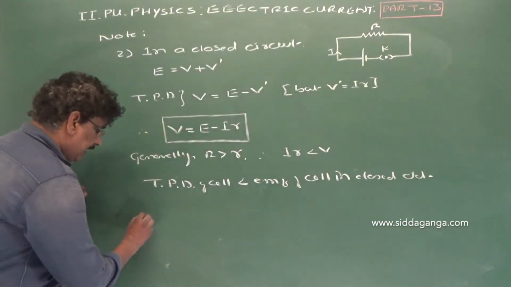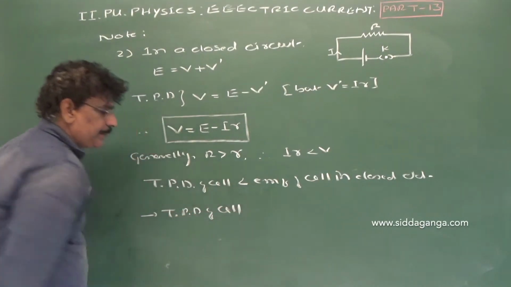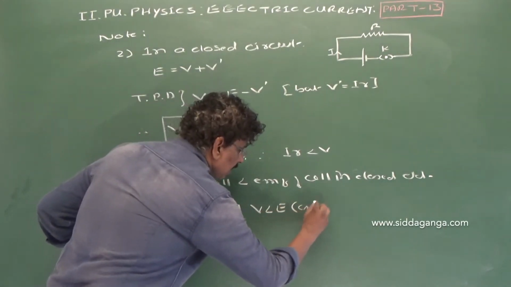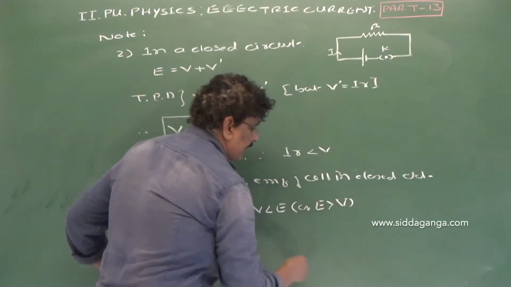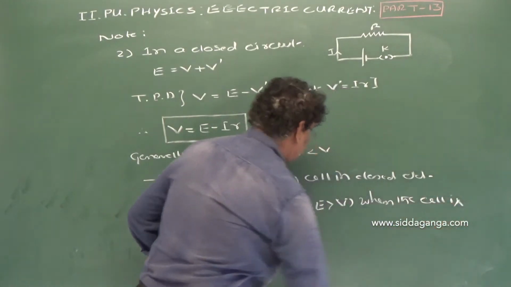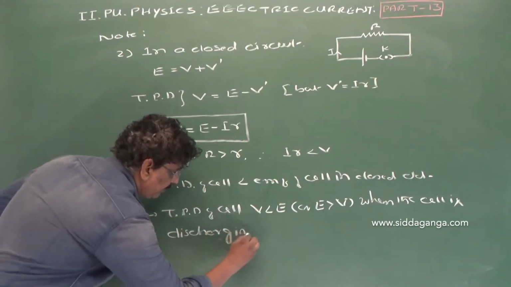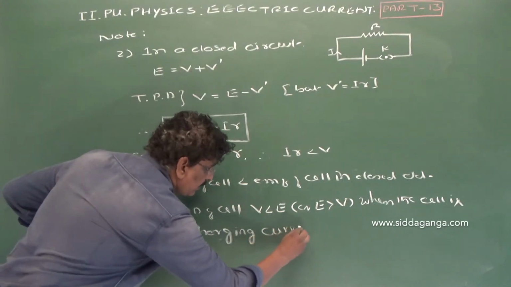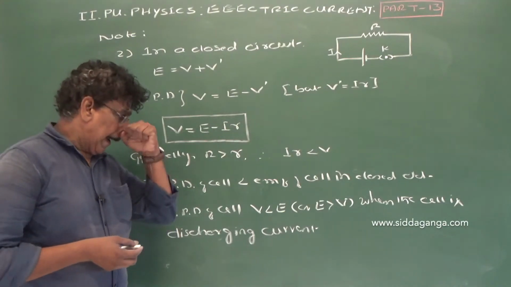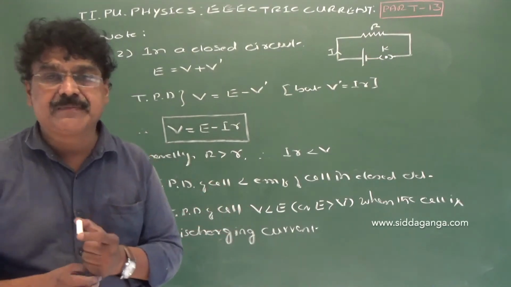Or terminal potential difference of cell V is less than EMF of cell, or E is greater than terminal potential difference when the cell is discharging current. Now the relationship between this EMF and terminal potential difference of cell is important.